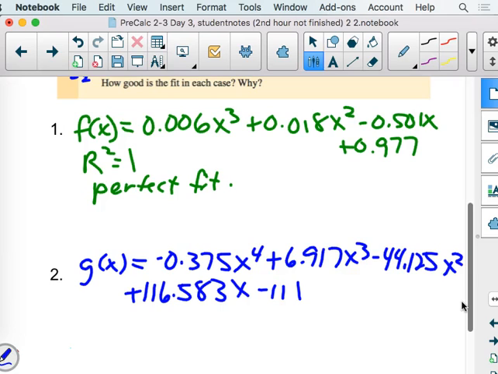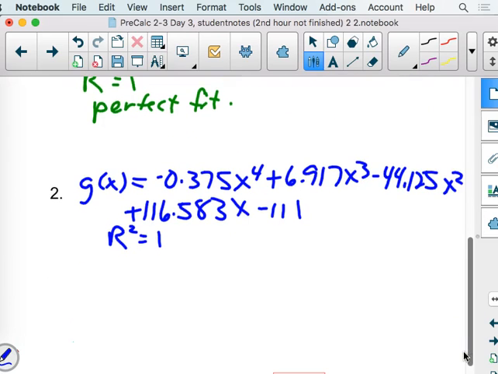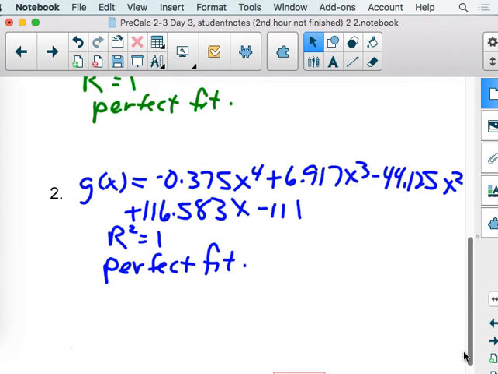And again, the question is, how good is the fit in each case? So we want to show r squared equals 1. And that means we have a perfect fit. Now, if it's going to be a perfect fit, why wouldn't you want to just use whatever fits perfect and does the nice interpolation for you?